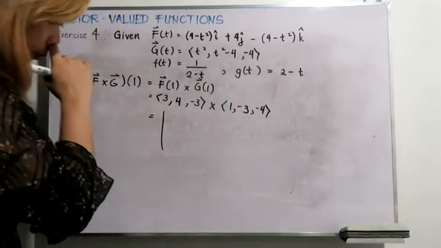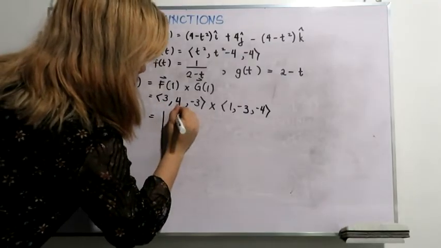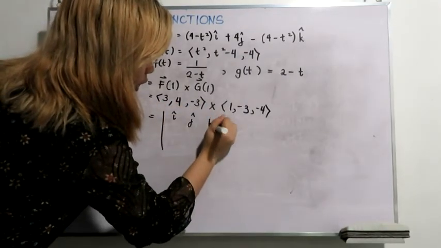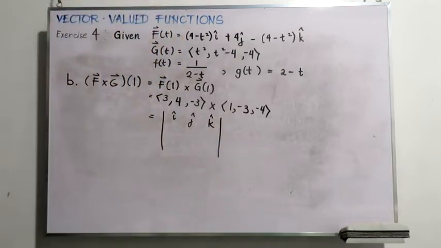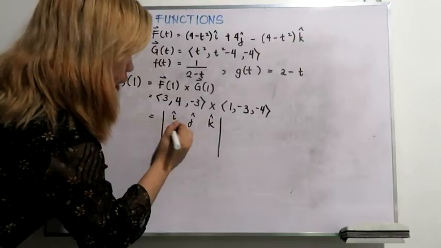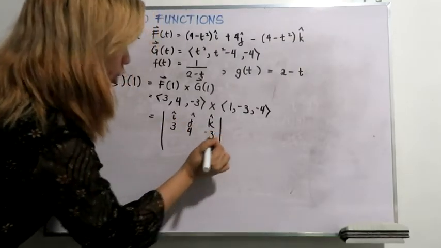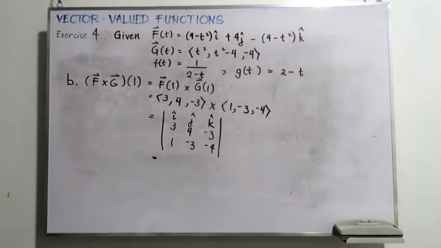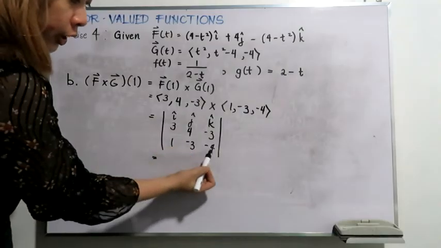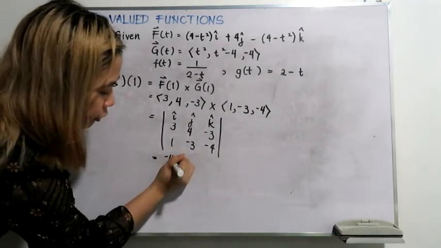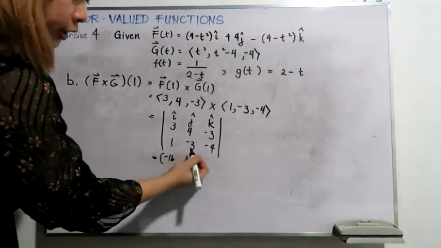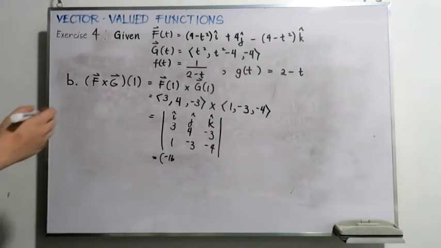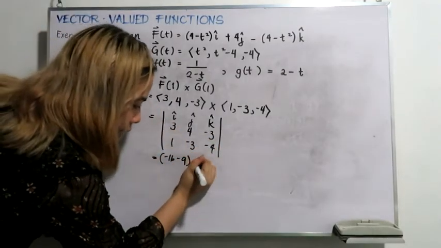So we want the i hat, j hat, and k hat components, 3, 4, negative 3, and 1, negative 3, negative 4. Now solving for the i hat component, we have 4 times negative 4, which is negative 16, minus negative 3 times negative 3, which is minus 9, i hat.